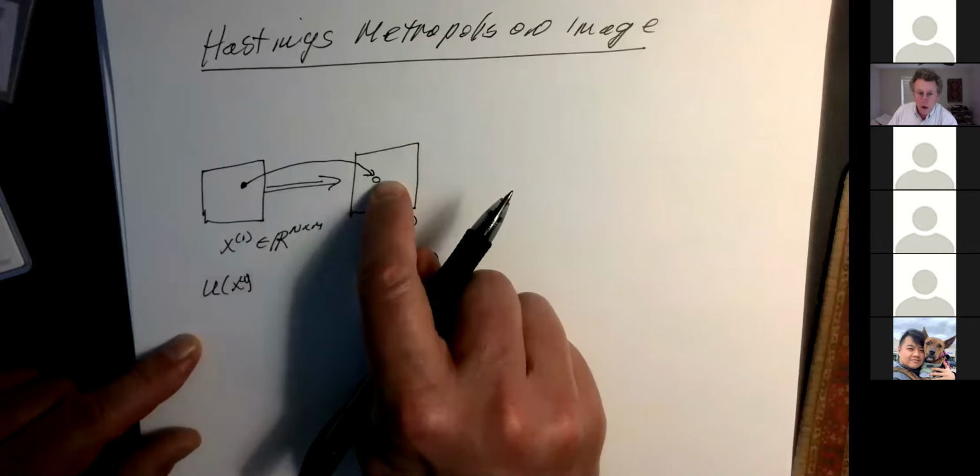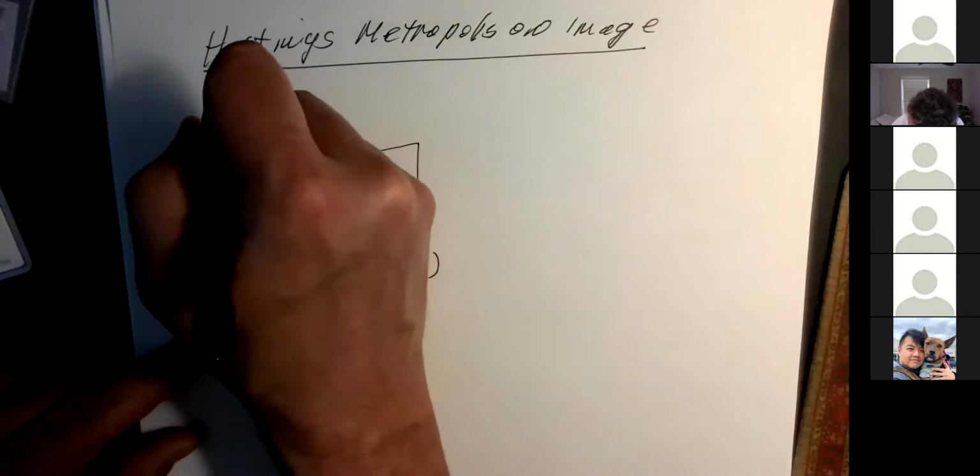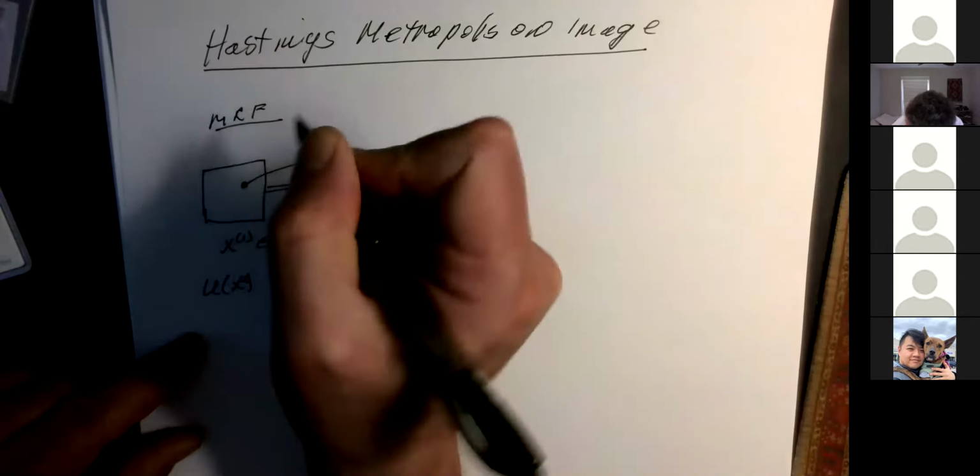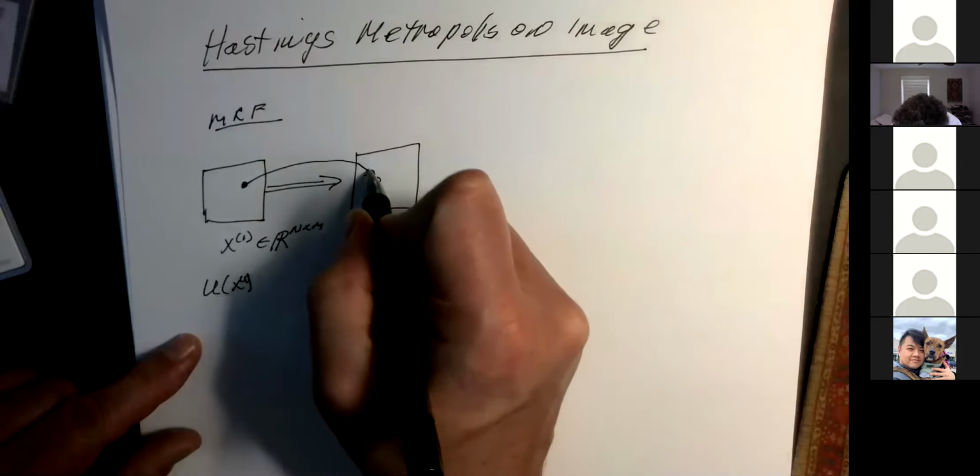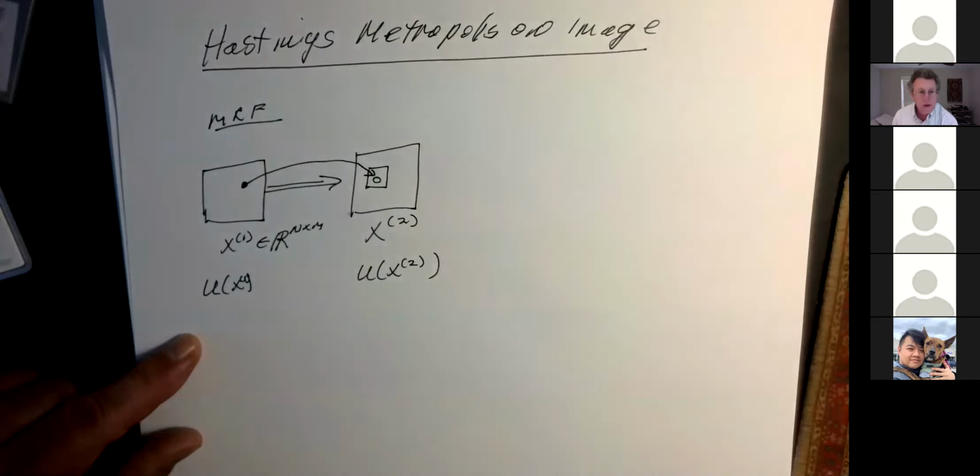So if you have a Markov random field, this is an MRF, then what ends up happening is it's only the local neighbors that affect the energy, okay?